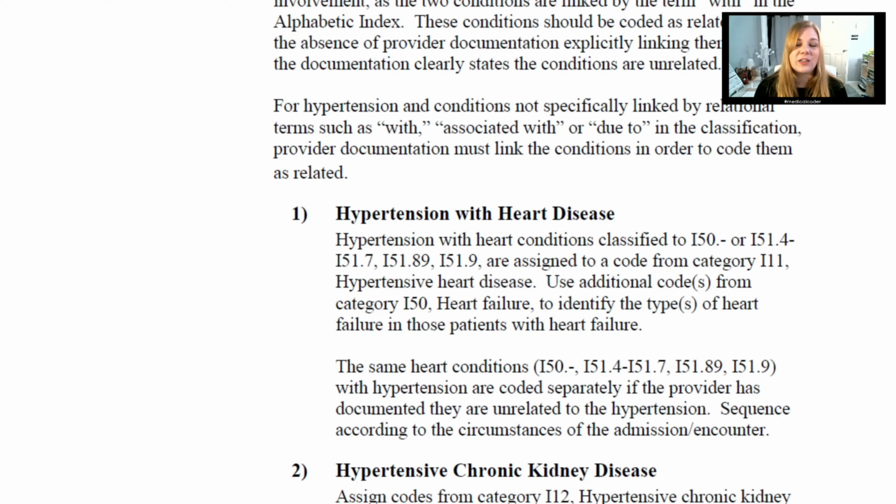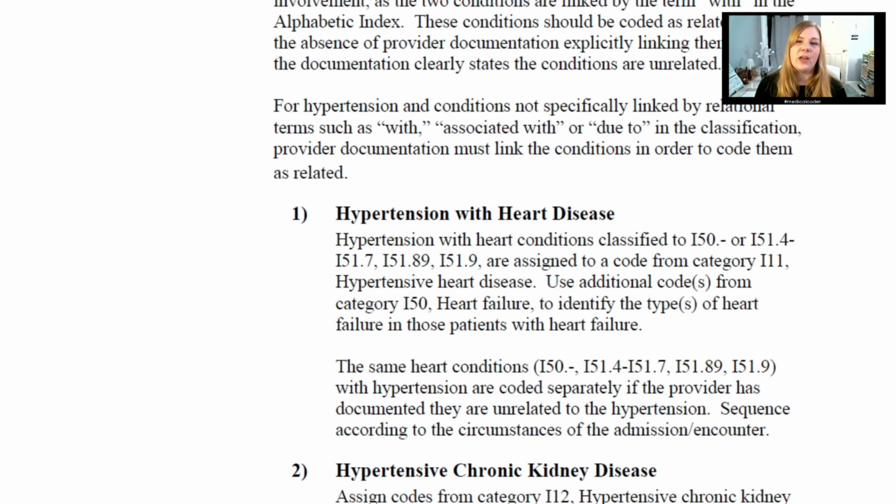For hypertension and conditions not specifically linked by relational terms such as with, associated with, or due to in the classification, the provider documentation must link those conditions, but hypertension and heart disease, hypertension and chronic kidney disease are automatically assumed to be linked.